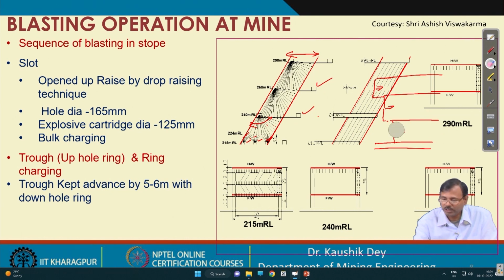So, the moment we blast this one, this is allowing, now this portion will move to this, and this will allow the fragmented rock at this position. Now, from this area our excavator can take it out. Okay. From this level our excavator can take it out, and then if we go for blasting, this one will again drop down.